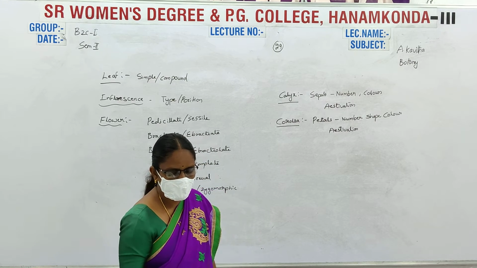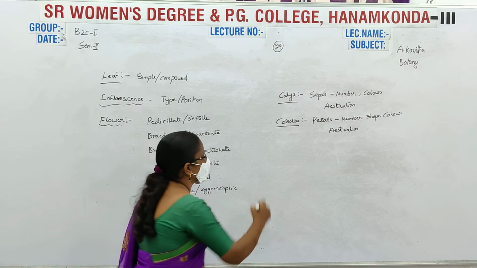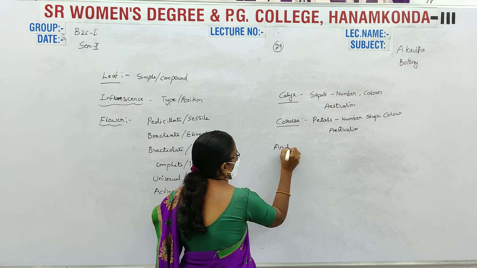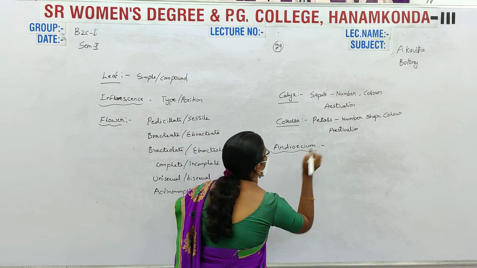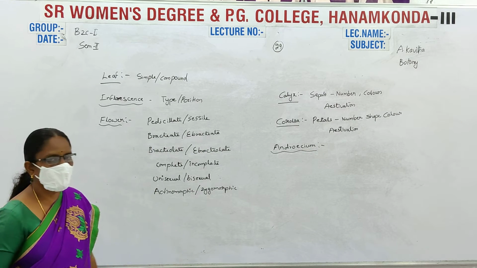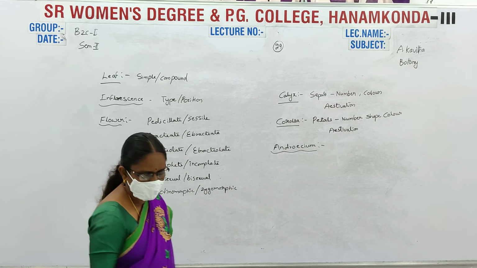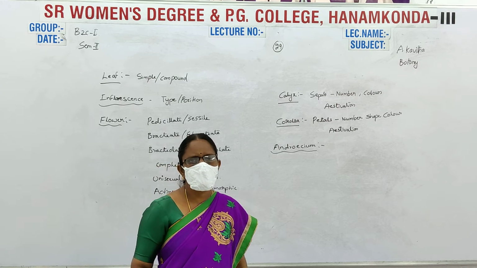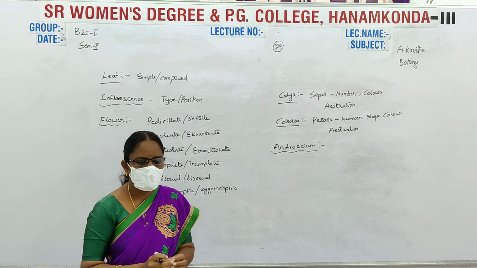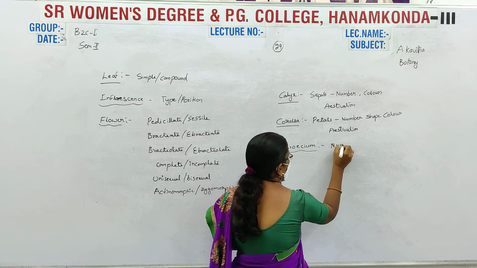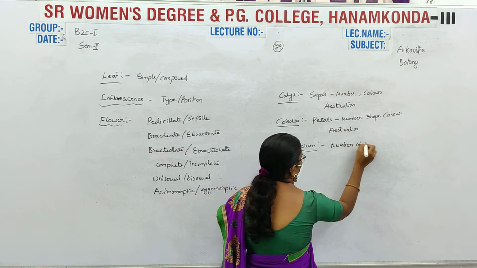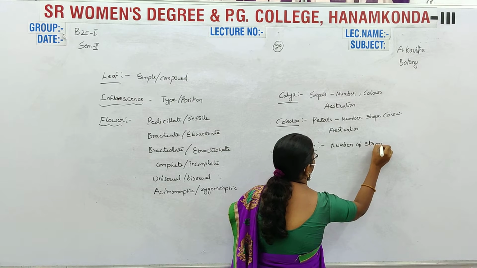And next one is androecium. Calyx, corolla, and next one androecium. First write the androecium, the number of stamens.